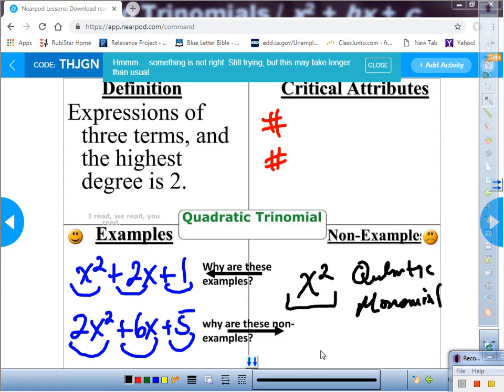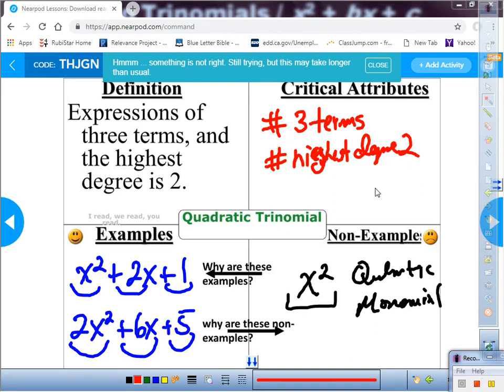Because there's only one term, yes? Okay, so hashtag. What'd you get for hashtag? Esmeralda. 3 terms. How about another? Samantha? Highest degree 2. Alright?